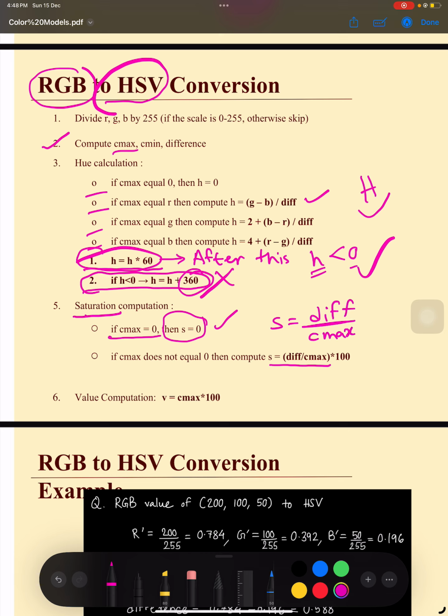And at last we see there is a times 100 here. This is if you're asked to provide your S as a percentage. This will give me my S value. And at the end, in order to find V, the formula is pretty direct. V is equal to my Cmax. This is how we can find the HSV parameters from RGB.